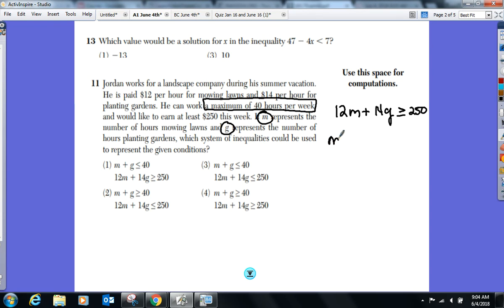So when I add up the mowing hours plus the gardening hours, maximum of 40. Less than or equal to 40. No money goes with this at all because M and G are the number of hours I need to spend. So that ended up being choice 1. Yep, Marco.